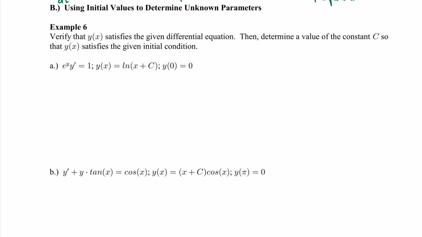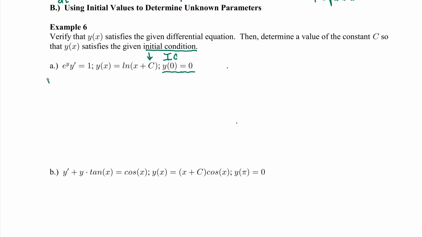So the independent variable is x. C is a parameter. Now we have something new. Y of 0 equals 0. This is what we call an initial condition, which I'll often abbreviate IC. That's what we're going to use to determine a specific value of this parameter. In that case, we're going to progress from a general solution, that is one that contains an arbitrary constant, to a particular solution, or one that contains a specific value for C.